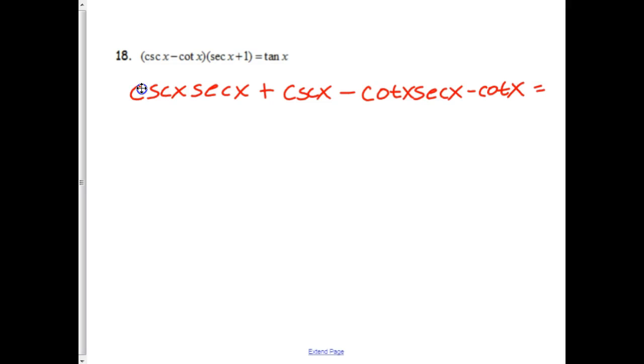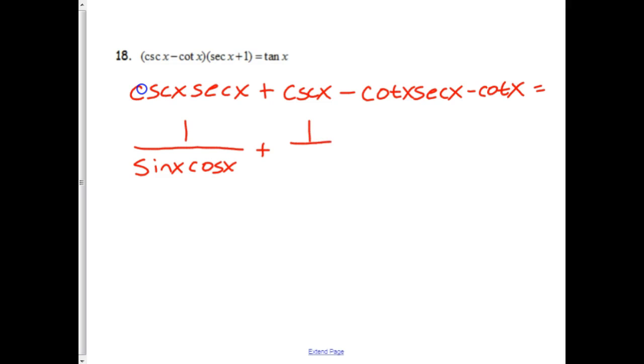Well, let's see. We collect like terms. Nothing's alike. Okay, so let's just change everything to sine and cosine and see how that works out. So this first one would be 1 over sine x times cosine x, right?